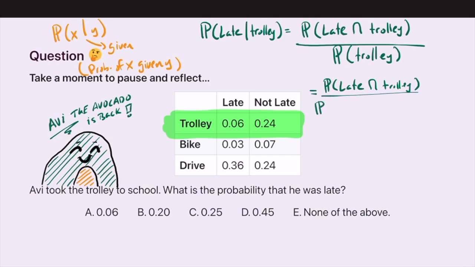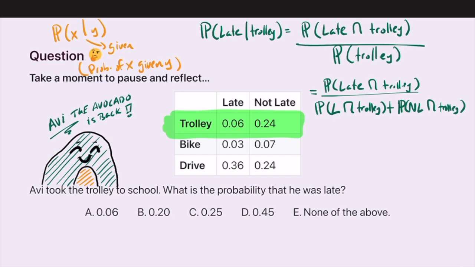So now this is the probability of two things. We'll add them. So what are the two things? Well, the probability of having taken the trolley is the probability of being late and trolley, and not late and trolley.